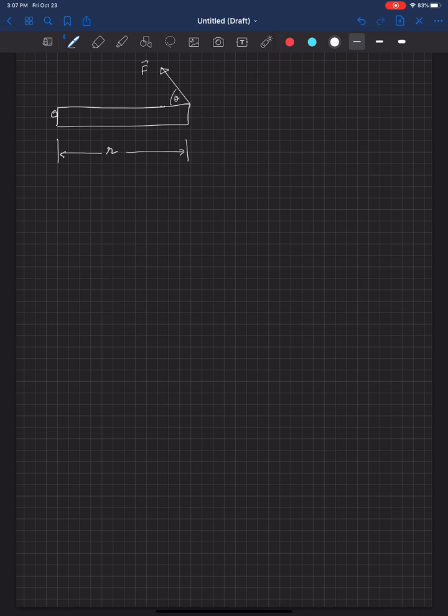And what I do next is that I break up this force into a perpendicular component, which I will say is F perpendicular, which is equal to F sine theta, and a horizontal or parallel component, if you like, over here, which I'll simply call F parallel.